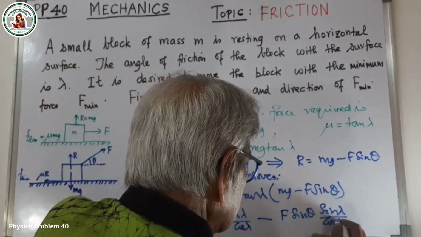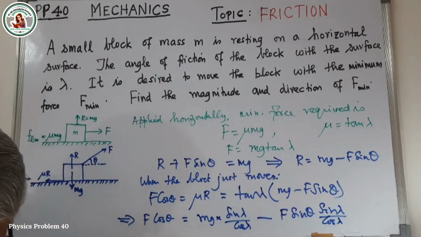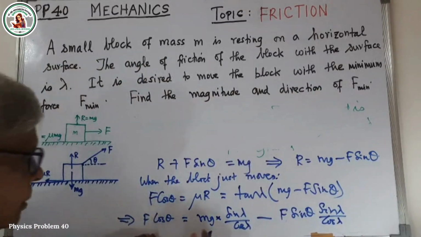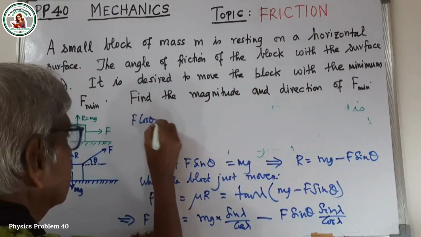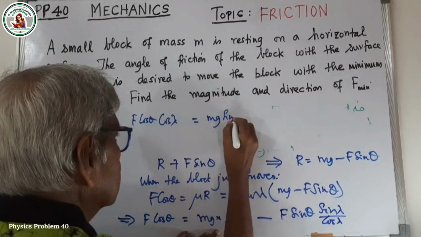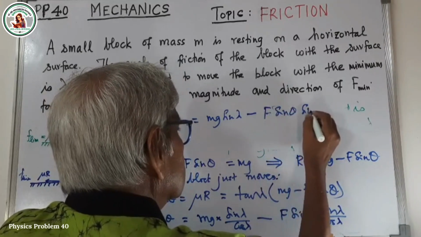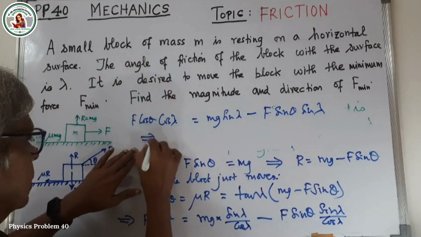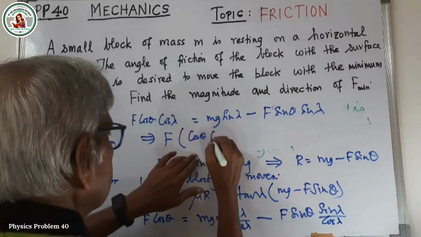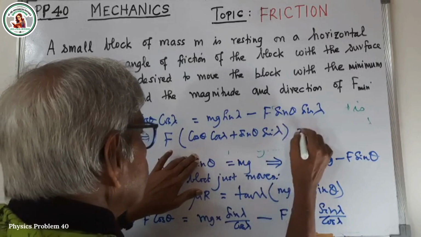If we further simplify, this becomes F cos theta cos lambda equal to mg sin lambda minus F sin theta sin lambda. So solving for F, we get F times cos theta cos lambda plus sin theta sin lambda is equal to mg sin lambda.